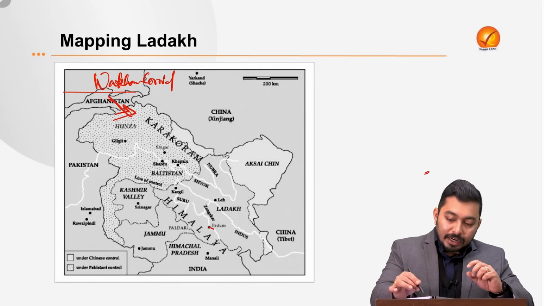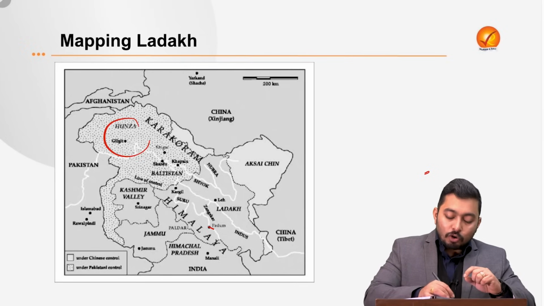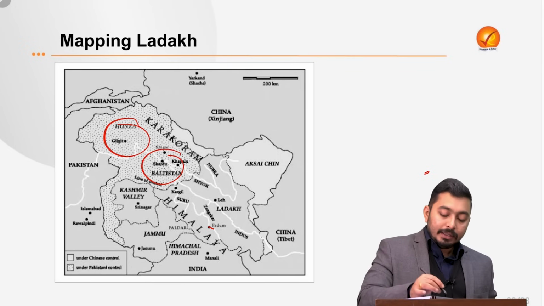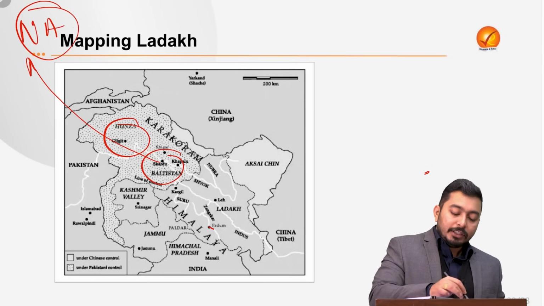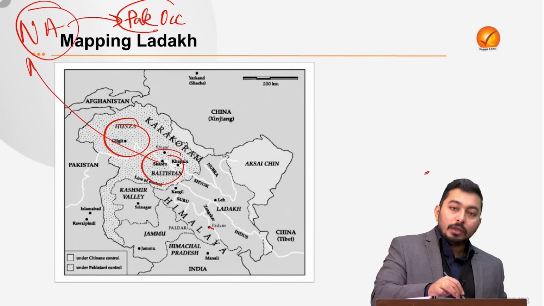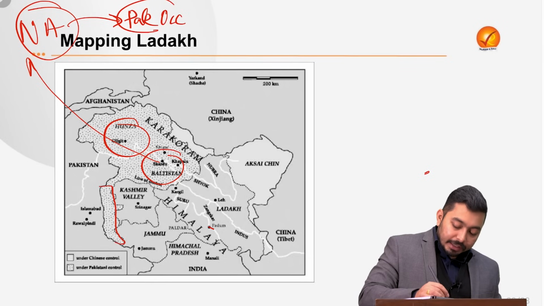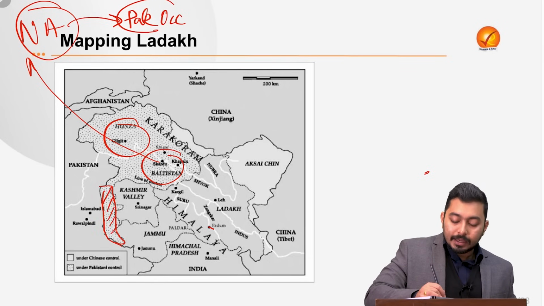Very narrow piece of land through which we are able to connect to Afghanistan. Similarly, this is called Gilgit and this is called Baltistan. Now, Gilgit and Baltistan, these are the northern areas which are under Pakistan's occupation. On the other hand, we have parts of the Kashmir and the Jammu Valley which are again in their occupation.